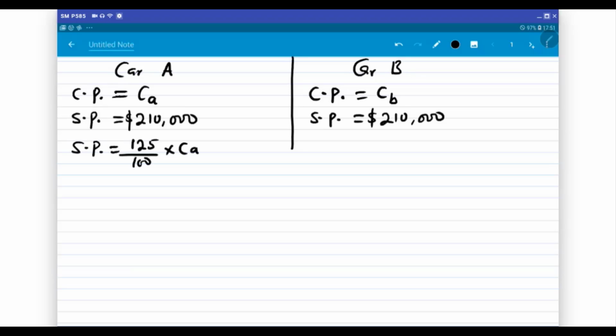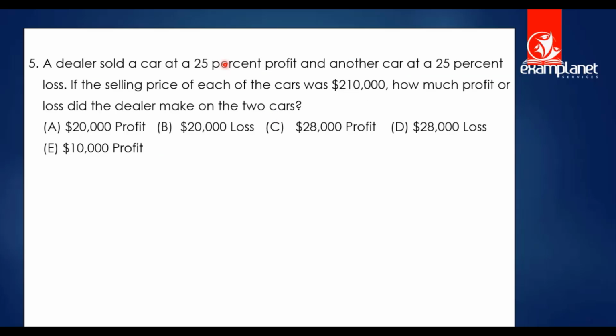Because like I explained, if you make a profit of 25%, then your selling price is 125% of the cost price. Okay, and the question says again that the dealer made a loss of 25% on the second car, another car at a 25% loss. And what does that mean?